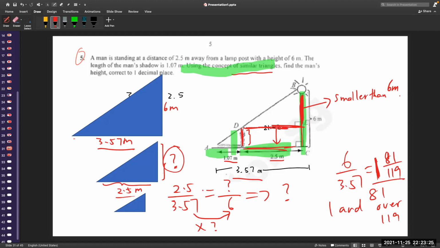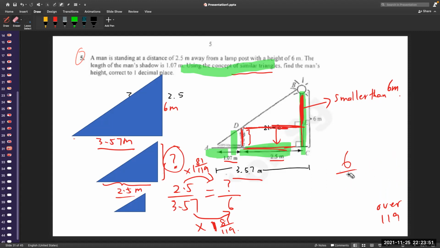So you do the same thing. If you times 1 and 81 over 119, then you do the same thing for 2.5. So you times 1 and 81 over 119. So what's the question mark? 2.5 times 1 and 81 over 119. So what's the question mark? Give me a second. Yeah, sure, no problem.